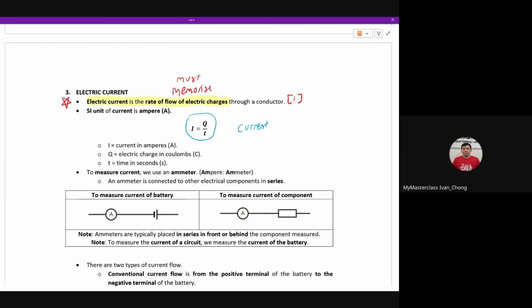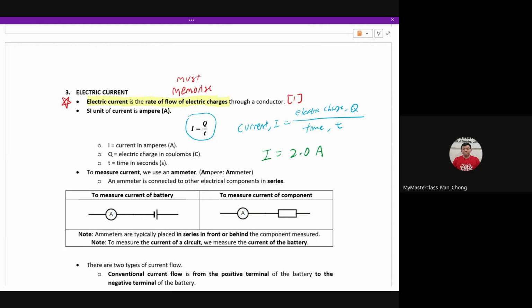I is current. Q is your electric charge, just remember that last chapter we learned about charge. And then you have your time t over here. For current, I is represented with amperes, so the A is for amperes. A is the unit, I is the symbol for current.